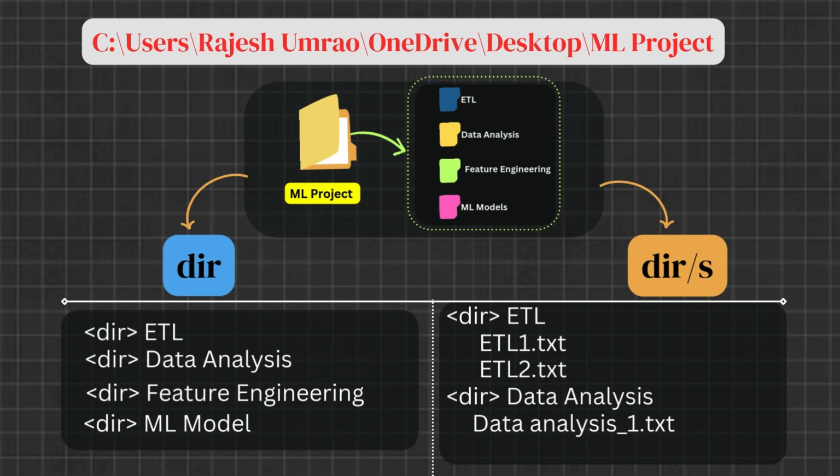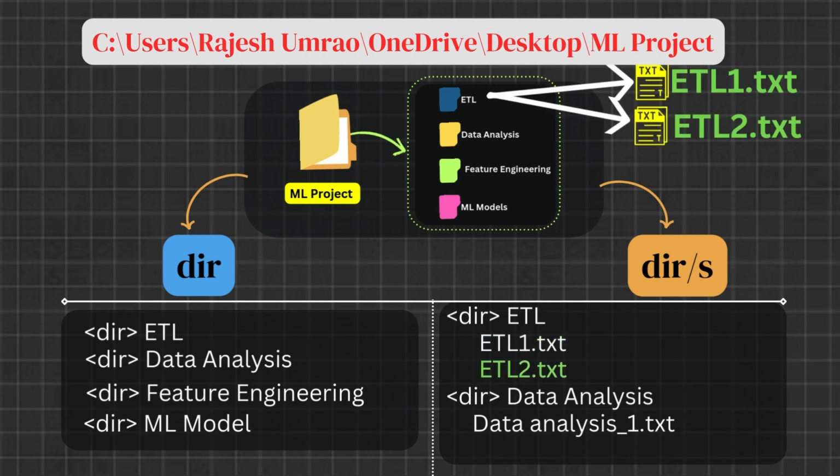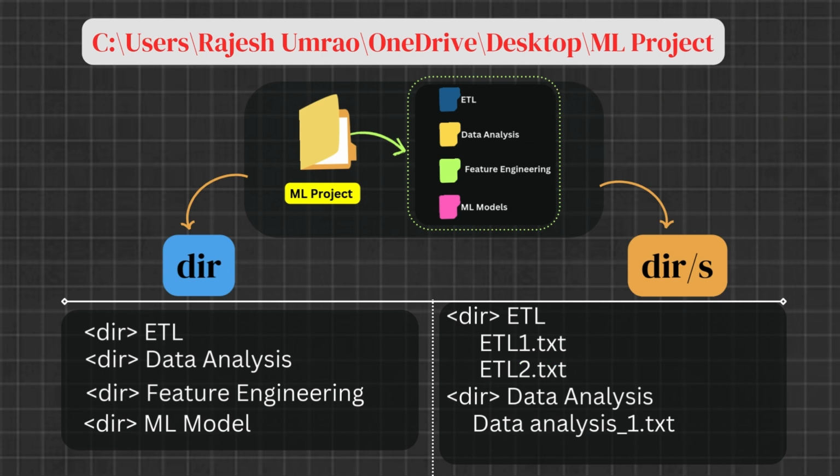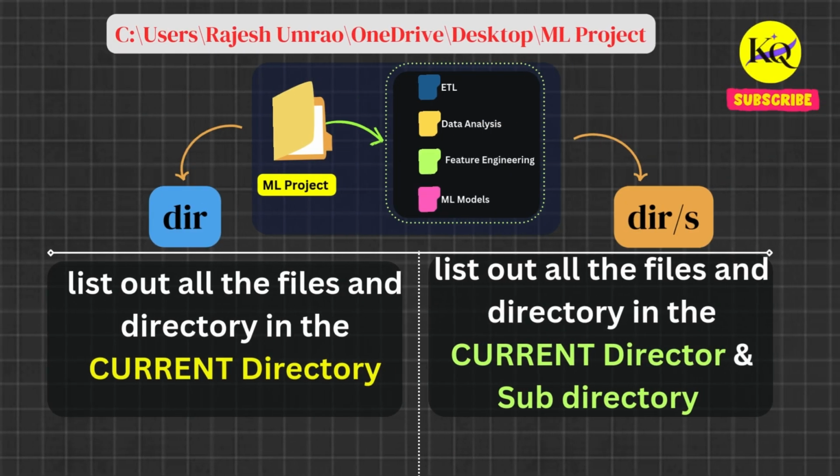For example, what files are present in the ETL folder itself. In this case, under ETL, suppose ETL1.txt is present, ETL2.txt is present. Similarly, for instance, under data analysis, the .txt files are present. So hope you have got a clear, stark difference between dir and dir slash s.